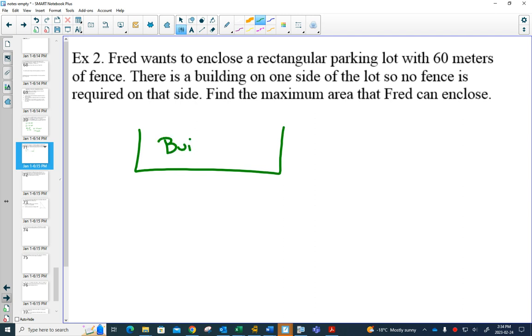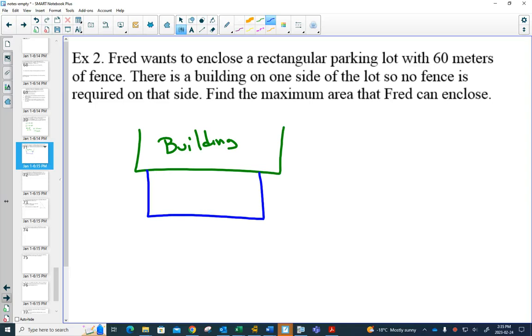Here's the building. And the parking lot is going to get enclosed with fence, so whichever cars are in there during the day, Fred is hoping to keep them. That is his plan. And he wants to steal as many cars as possible, so we want to find the maximum area that Fred can enclose.